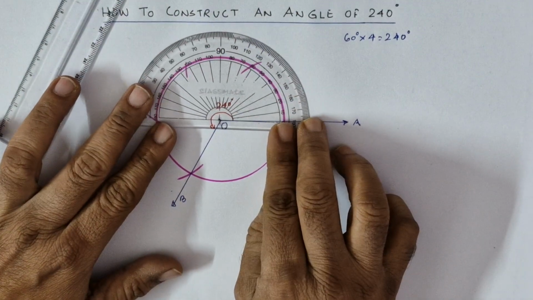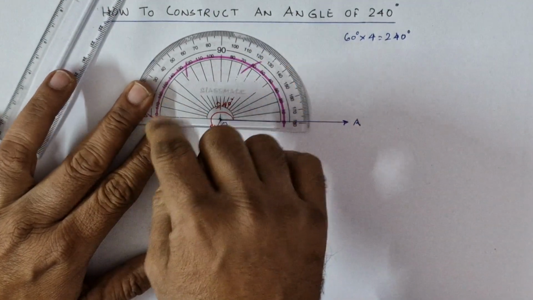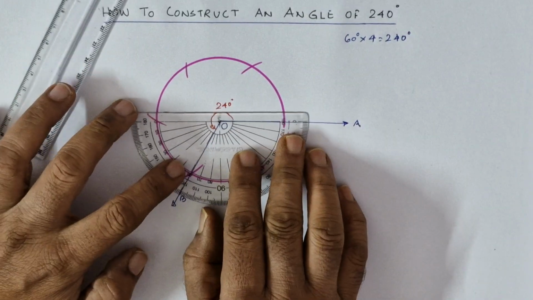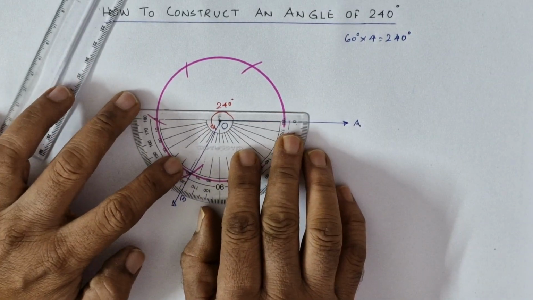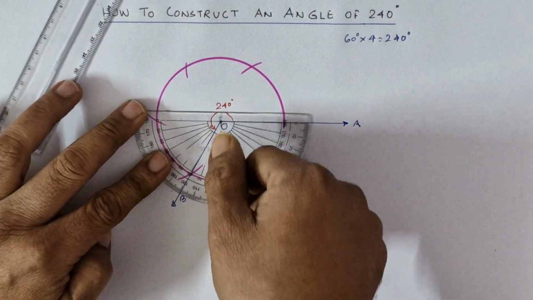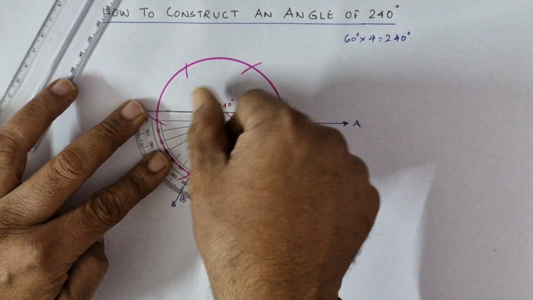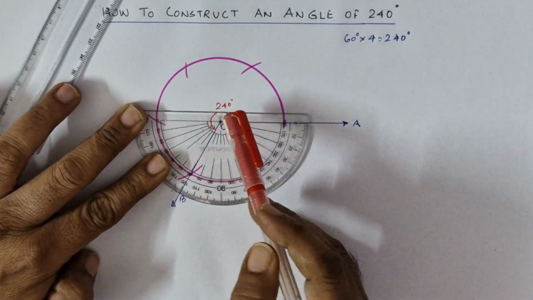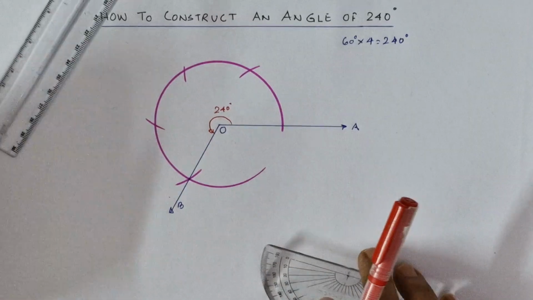So this is obviously 90. So this is 180. From 180, for example, carefully, see, this is 60. So 180 plus 60, see, this is 60 right here. So 180 plus 60 is 240 degrees.